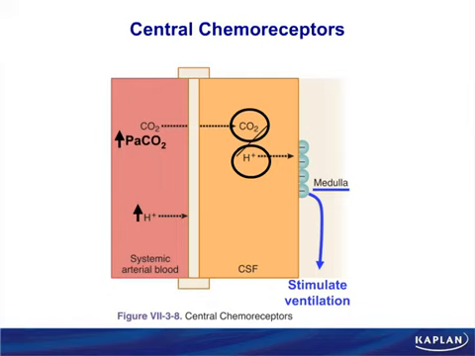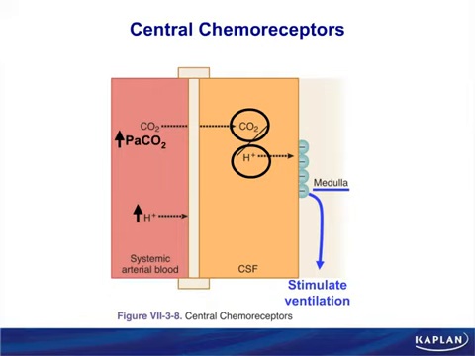But that's okay if we just remember it as, hey, a rise in CO2 stimulates. Whether or not the final one is hydrogen is not of great importance. But the big point here is that a rise in arterial CO2 will stimulate central chemoreceptors because it easily crosses.